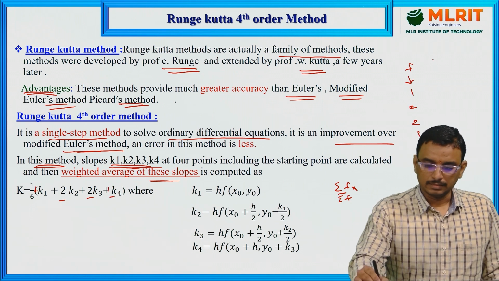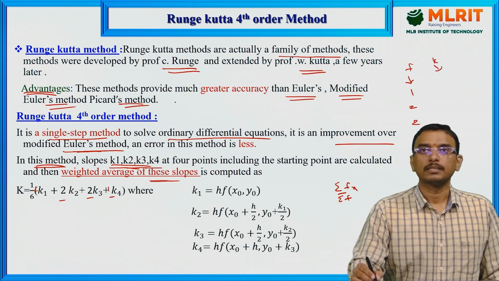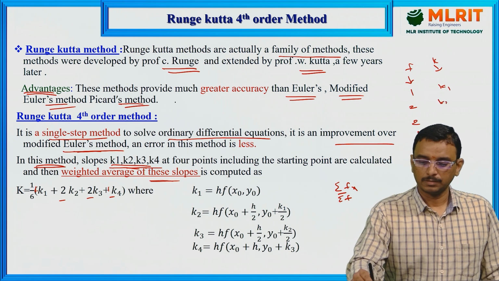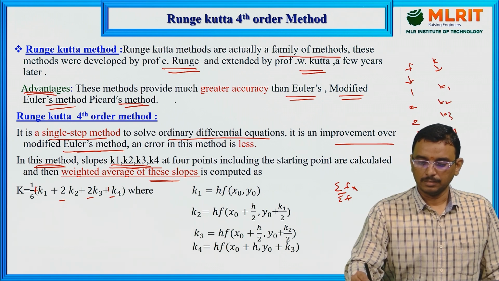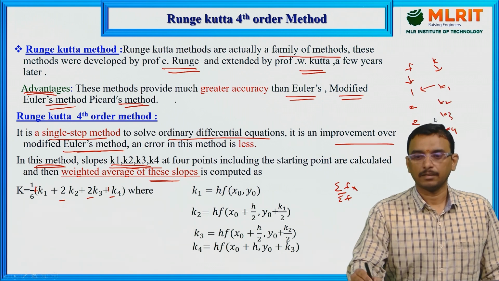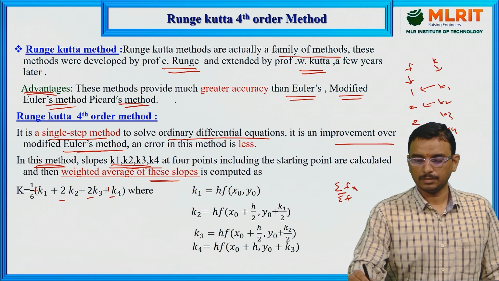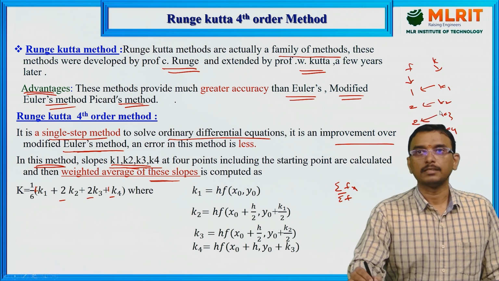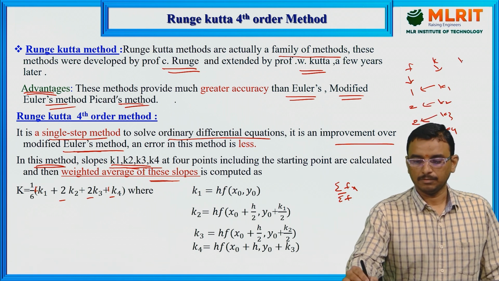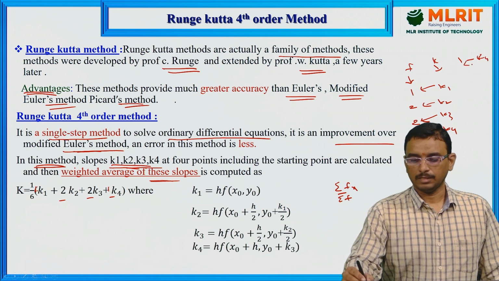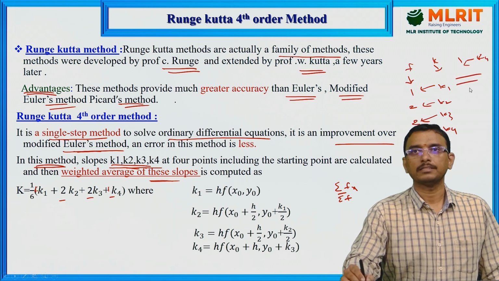These are the values k1, k2, k3, k4. So 1 into k1, 2 into k2, 2 into k3, and the last one is 1 into k4. Now we are taking the average of these.